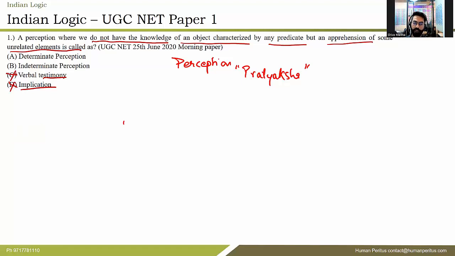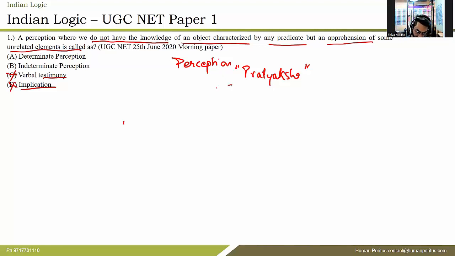Now, what does pratyaksha actually mean? Pratyaksha refers to the knowledge which you receive by your own sense organs. If you can see something, smell something, hear something, touch something, then knowledge which you receive from those sensory organs is called pratyaksha. All right.